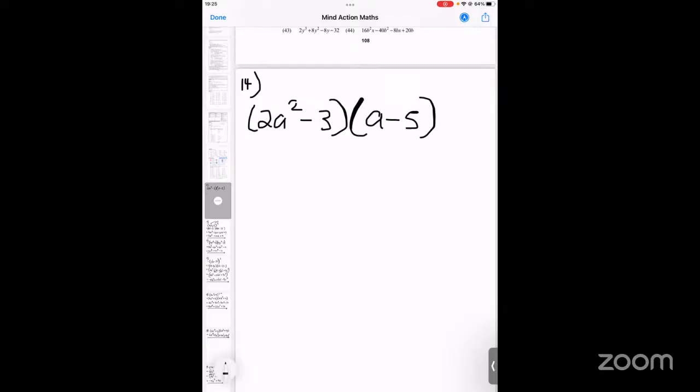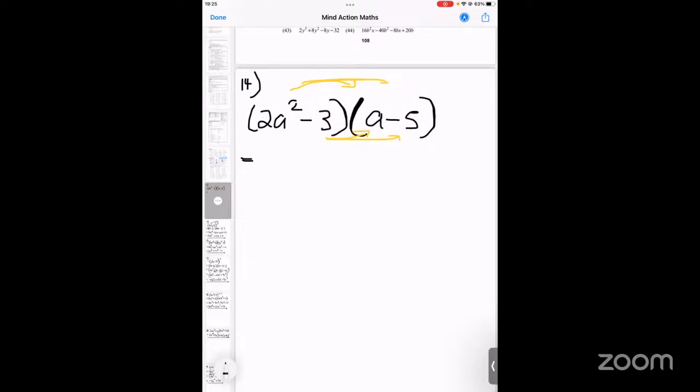I hope I've copied it correctly. Okay, now let's see. In this case, there's no way around it. I will definitely have to do that by that, that by that, that by that, that by that.